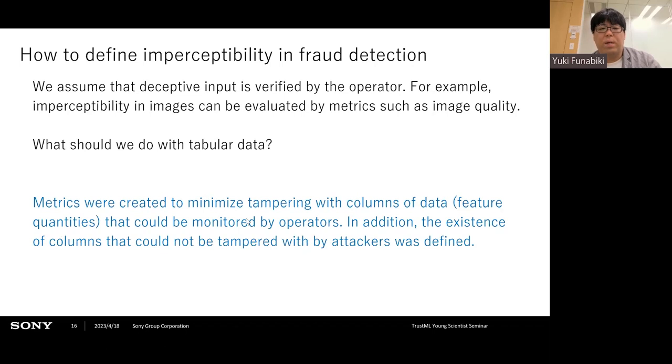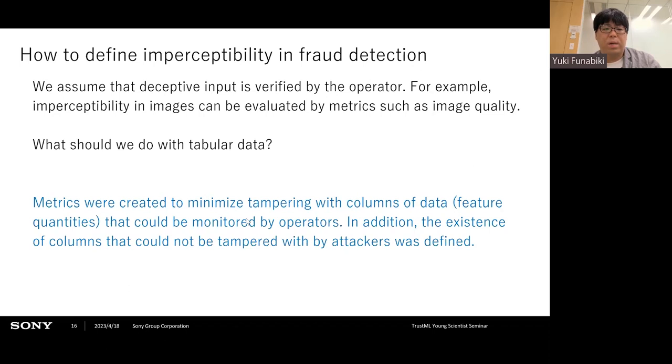For example, in an image you can imagine it easily, because if the perturbation is very small and located across all pixels, it's very difficult to detect whether the perturbation exists or not. On the other hand, in tabular data, our question is whether such imperceptibility can be ensured in the tabular data domain.